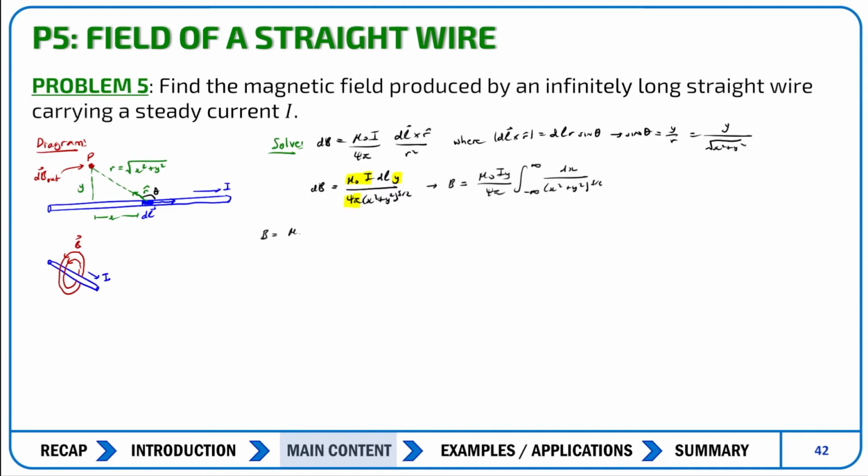Moving on, we have B equal to mu naught I y over 4 pi. We're going to have to break this up into the integral from negative infinity to 0, plus 0 to positive infinity, the exact same thing. Then we're going to set a limit.